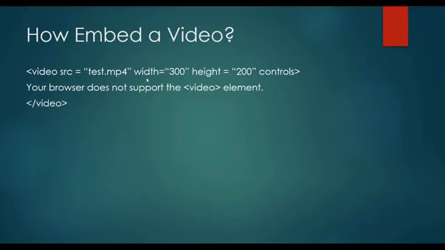So if a particular browser does not support this video tag, this line will be shown. If it is supported, the video will be shown, right? This may happen in some old versions of browsers. At that time it will show 'Your browser does not support the video element', right?